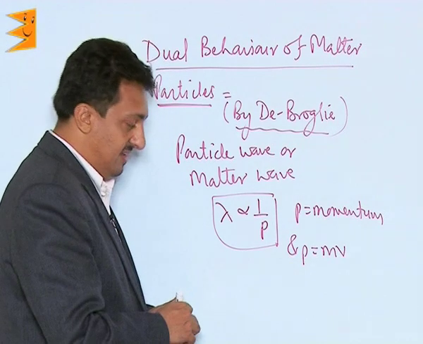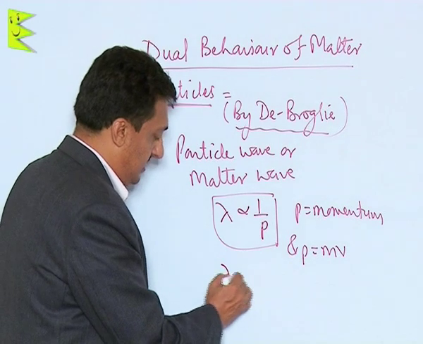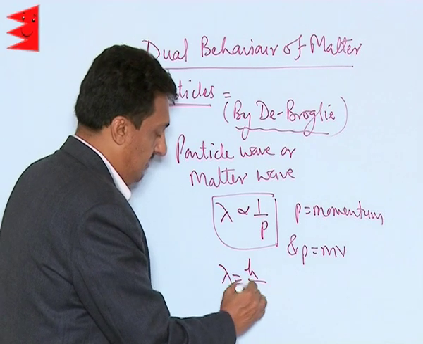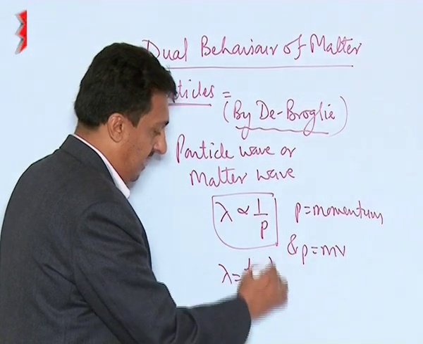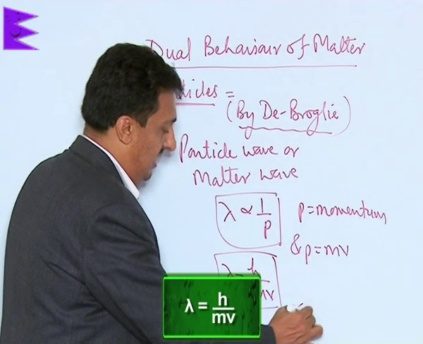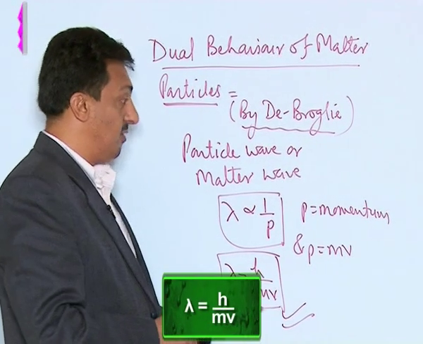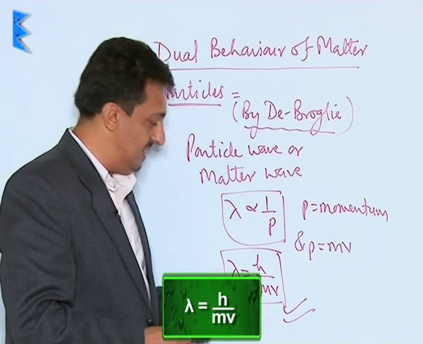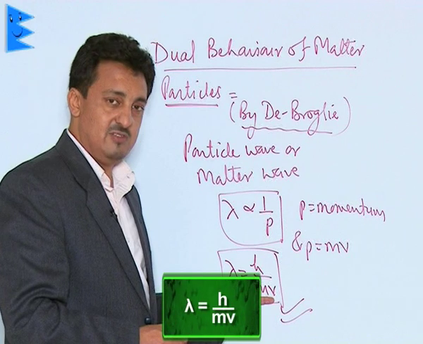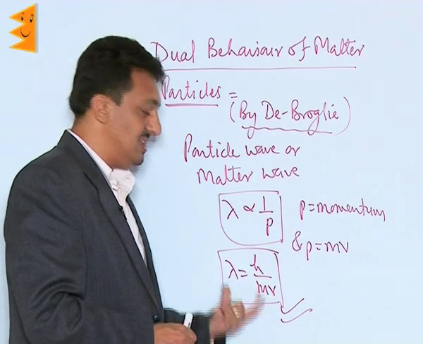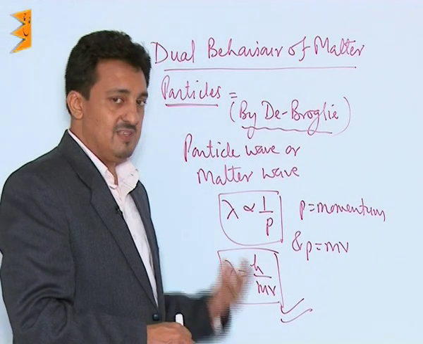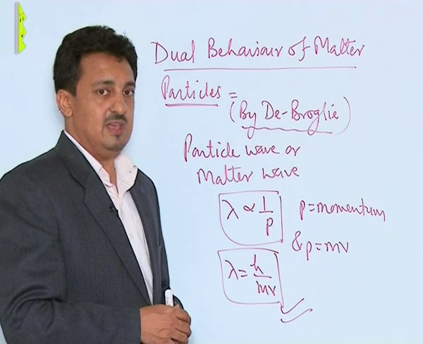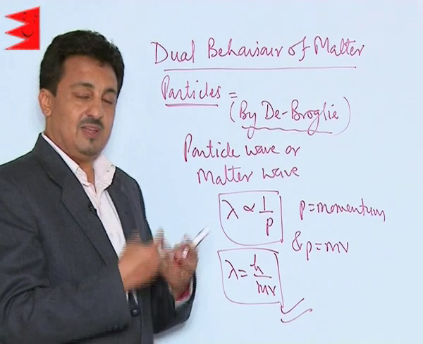The proportionality is given by Planck's constant, and we can write in place of p the momentum mv. So this is the formula given by Louis de Broglie for the wavelength of matter particles, where m is the mass of the particle and v is the velocity with which it is moving. This is a major formula which completely changed the way we were thinking about the concept of the matter particle.